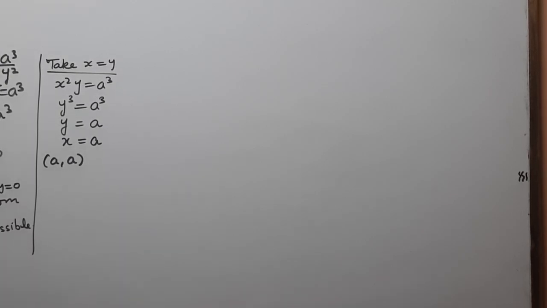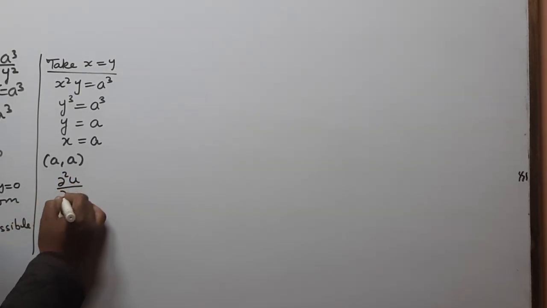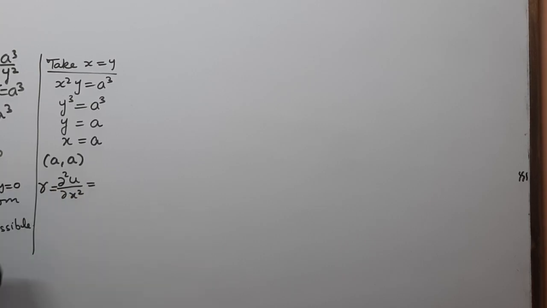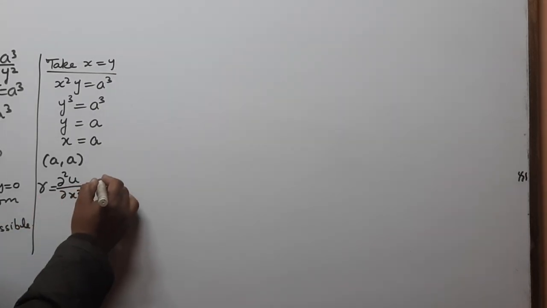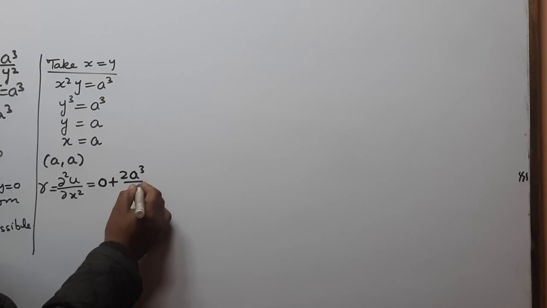Now we find the second order derivatives of u partially with respect to x and y. We denote del 2u by del x2 by r. When we differentiate del u by del x again partially with respect to x, we get 0 plus 2a cube divided by x cube.